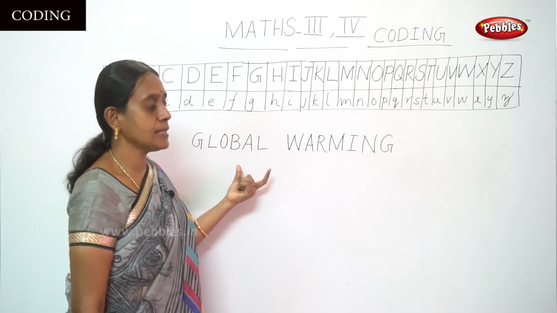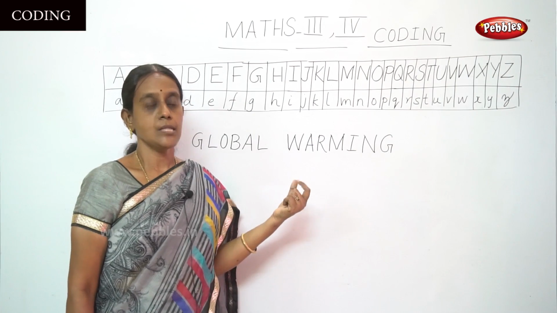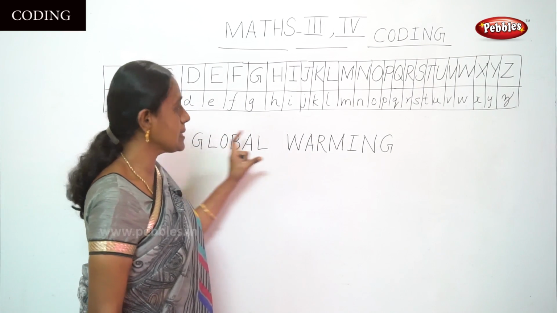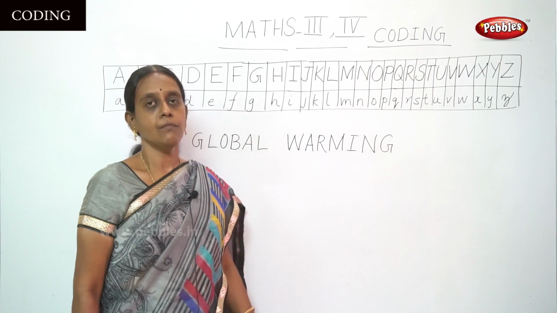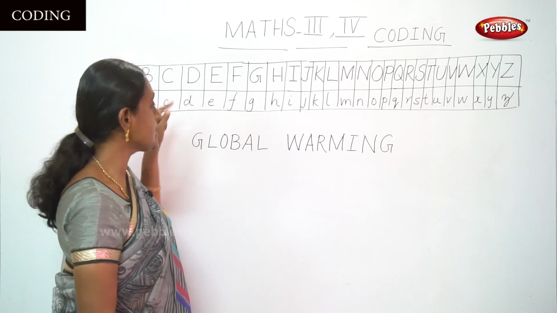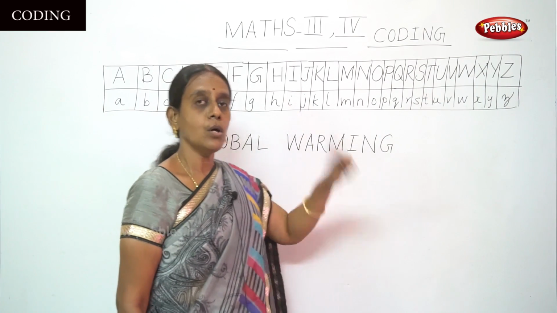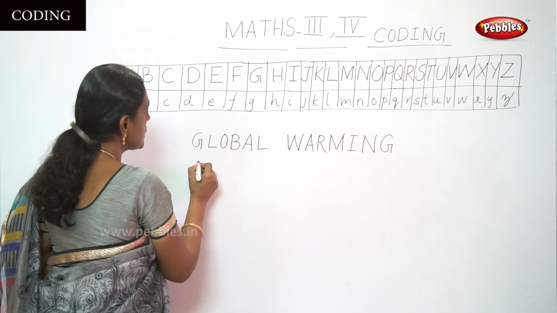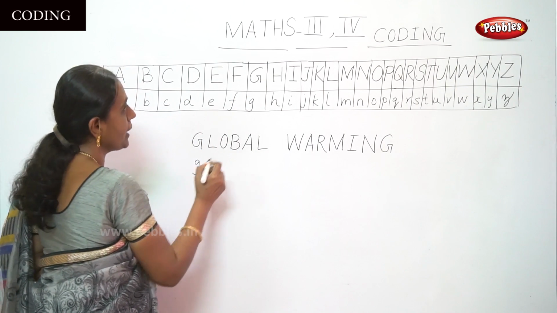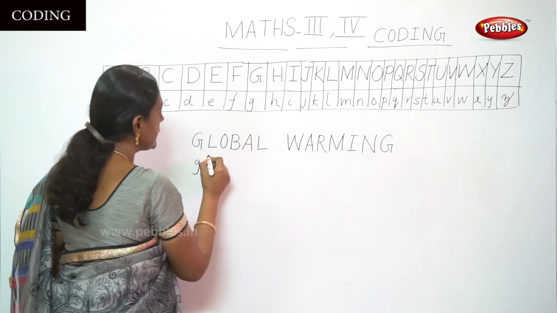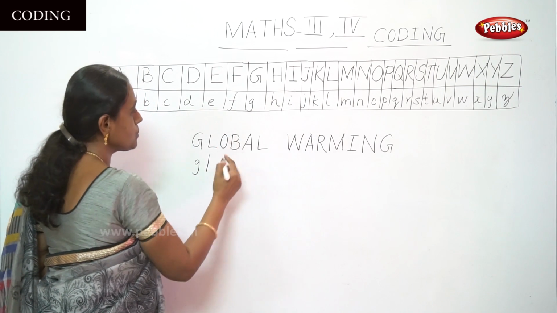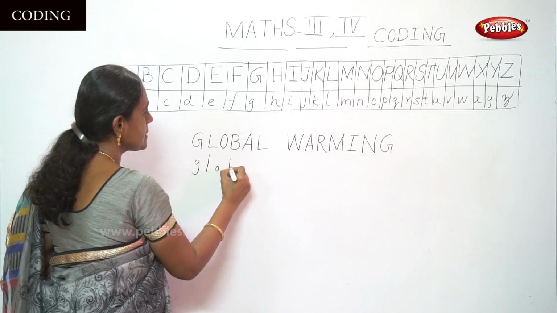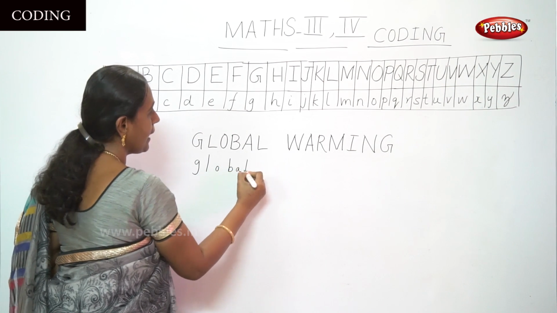To explain this word, instead of using direct lettering, we have to use representative letters. According to the G, we have to write small g. And for L, that is small l, and small o, that is small b, a, l.